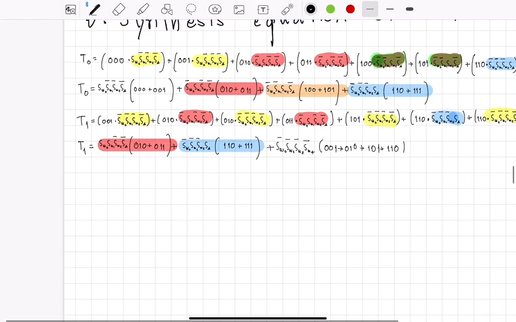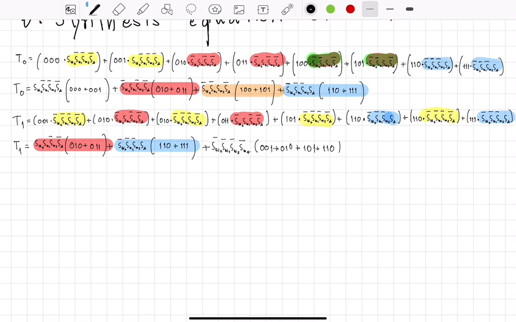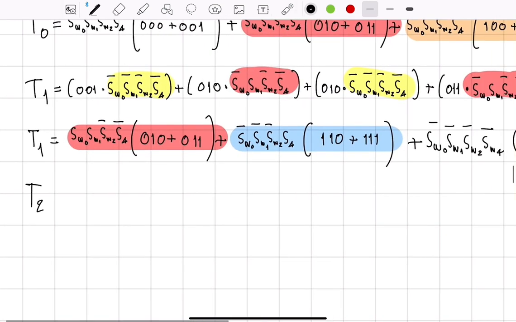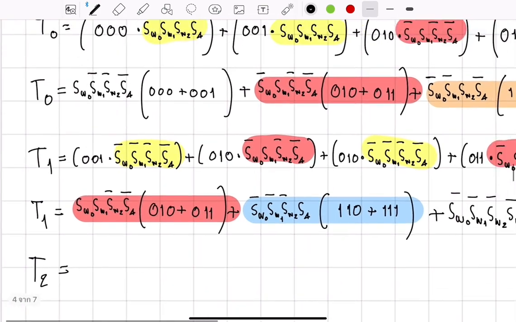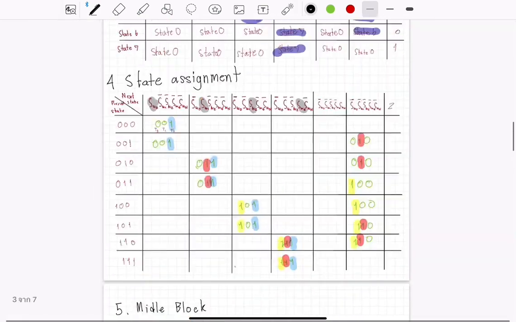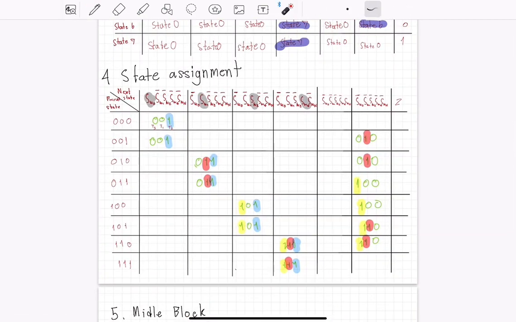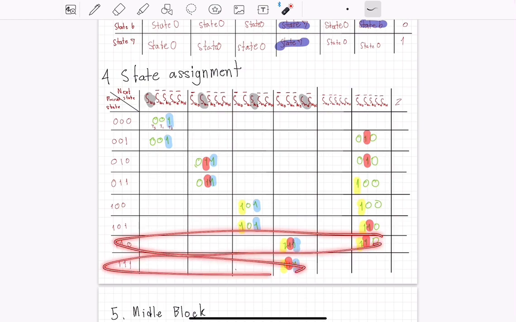Okay. Go to the last equation. And you can look in state 0, state 1, state 1 0 0, state 0 1 1 is state 3, state 4, state 5, state 6, state 7.